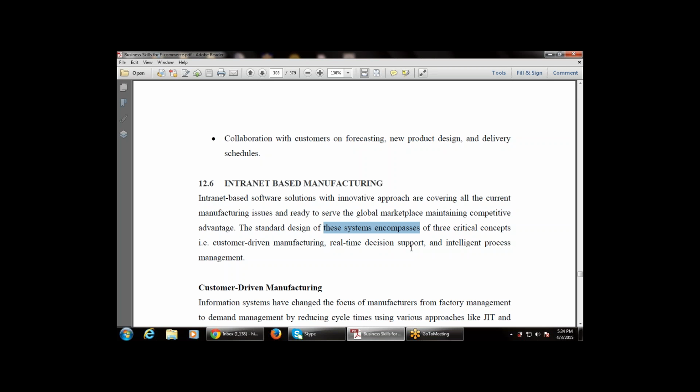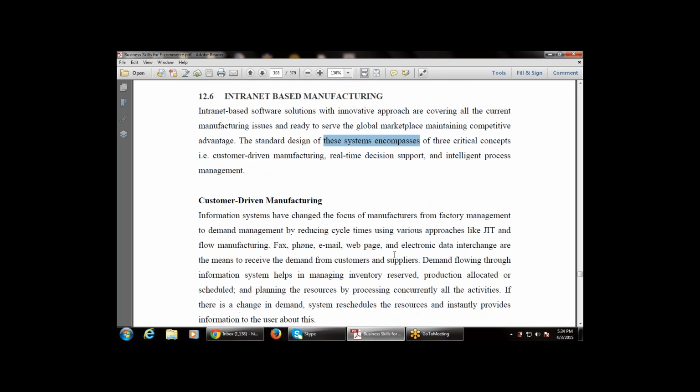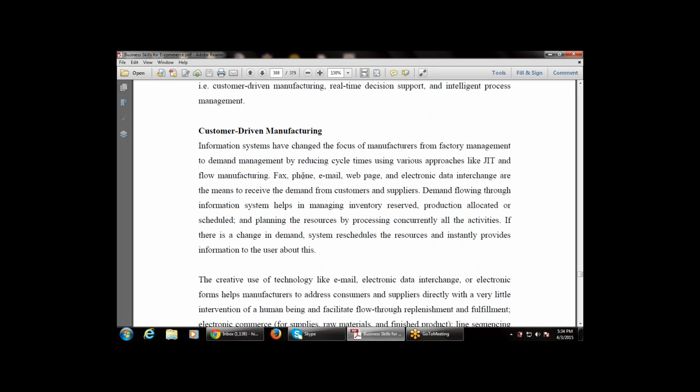So first is customer-driven manufacturing. What is customer-driven manufacturing? This says information systems have changed the focus of manufacturers from the factory to demand management, focusing the structure on reducing the cycle time using various approaches like JIT and flow manufacturing.